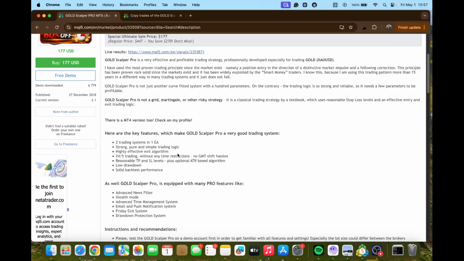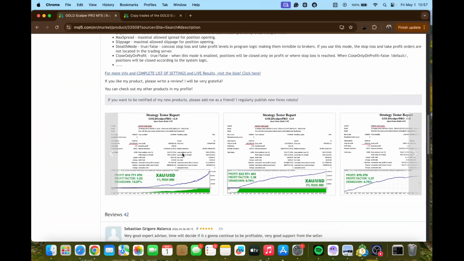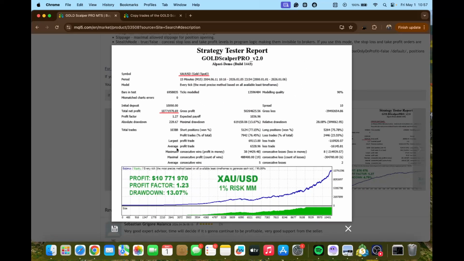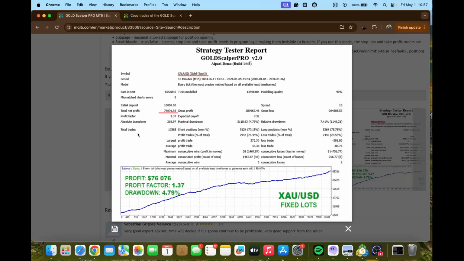The seller shows massive long-term backtests with huge profits and relatively low drawdowns. Plus, there is also a live signal that has been running for months. These are the backtest results from the seller, the developer, and it has a 76% win rate.